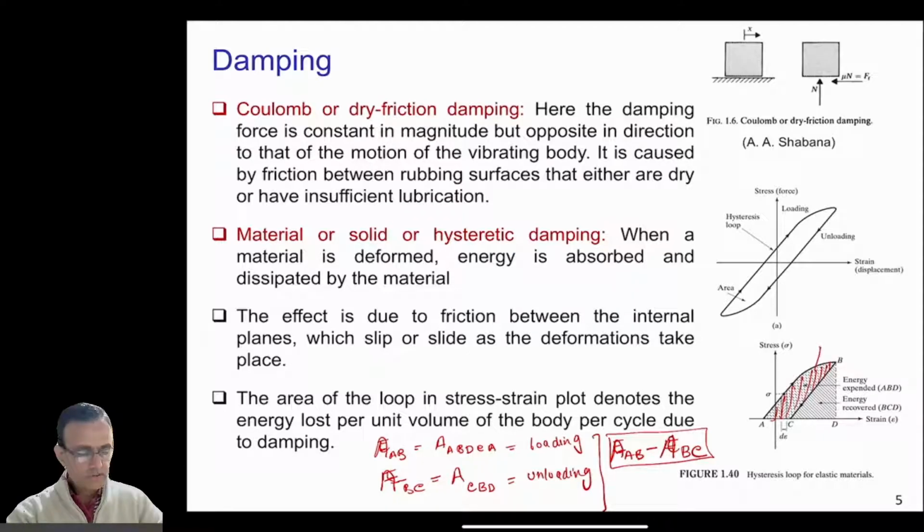So this red area is the area from A to B minus the area from B to C, which is this area inside the loop, and this area inside the loop is the energy lost per unit volume of the body per cycle due to damping.